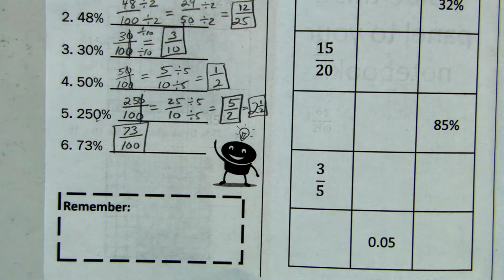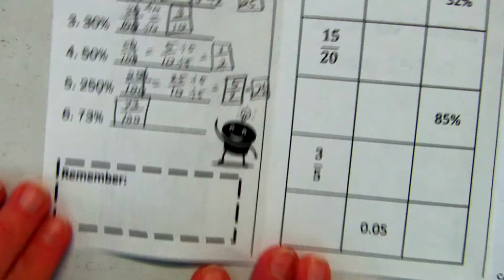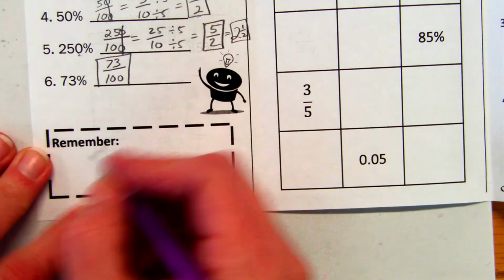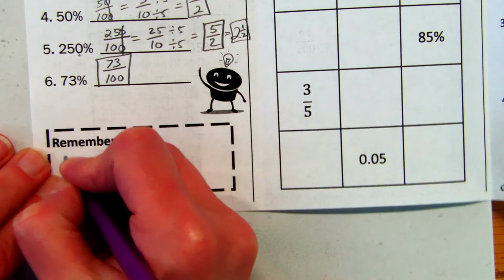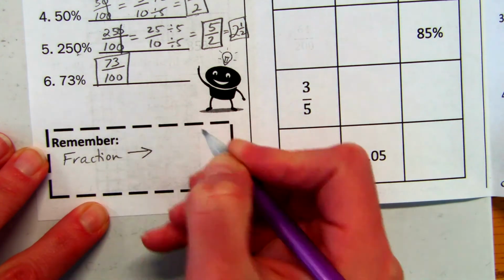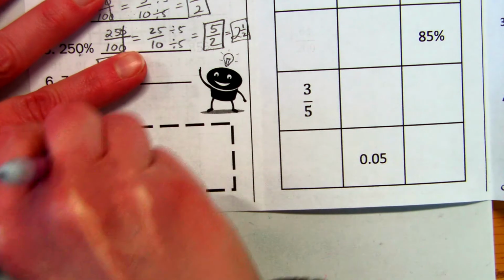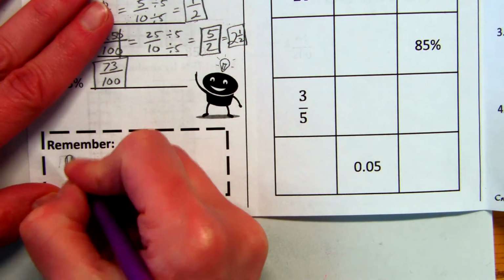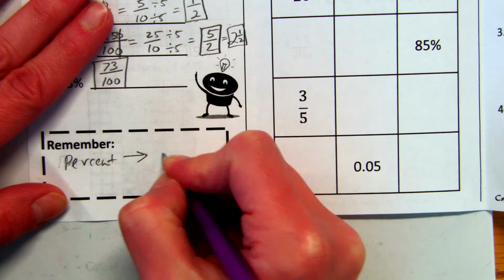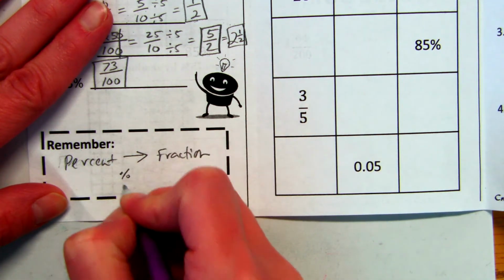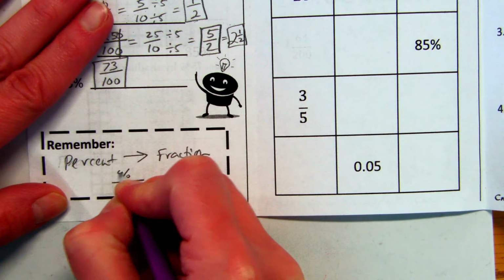It's okay. All right, so this little remember box down here is just to remind you that to go from a percent to a fraction, so we're going to start with a percent. To go to a fraction, what you're going to do is put the percent over 100.